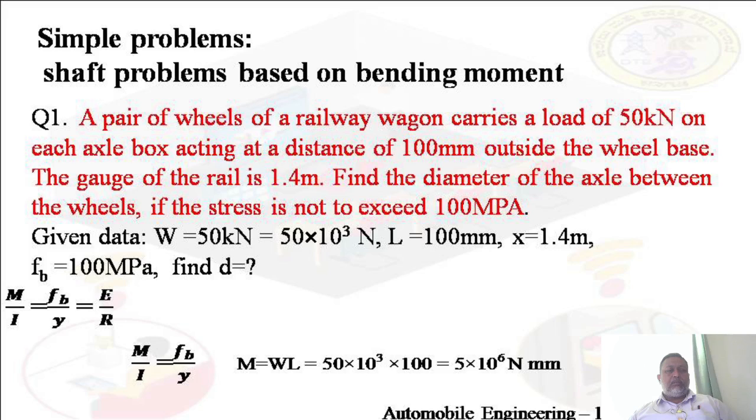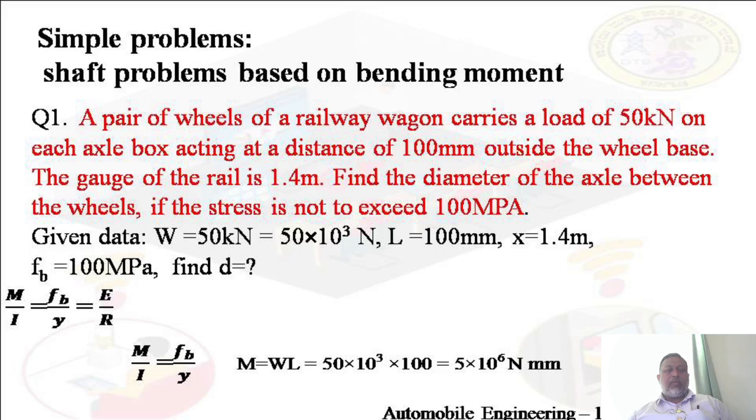This shaft acts as an overhanging beam, so we get maximum bending moment at the axle box length, which has been mentioned as 100 mm from outside the wheelbase, and multiplying that length by load we get maximum bending moment, which is nothing but M is equal to WL.